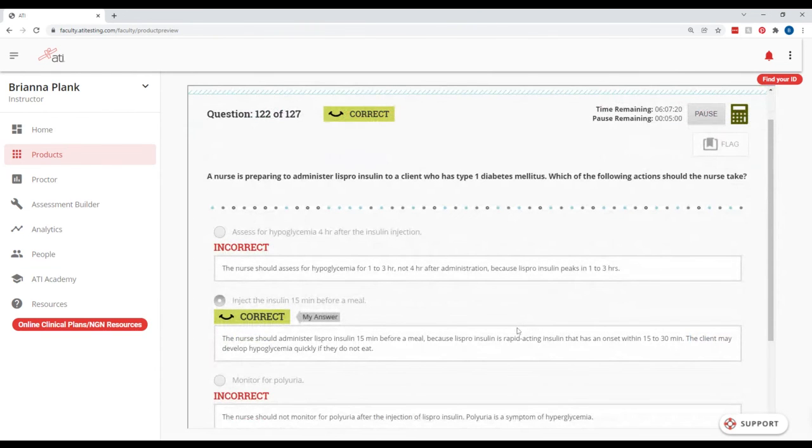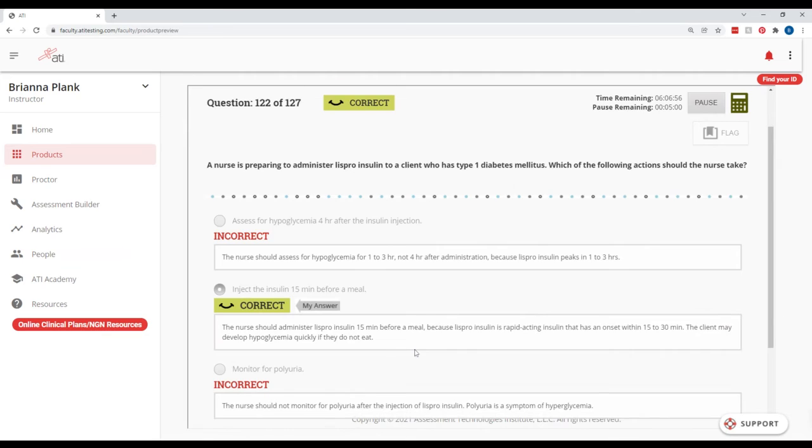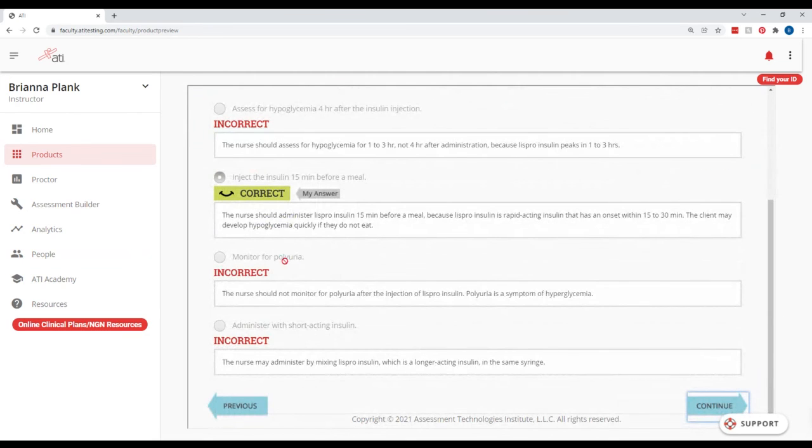I swear we chose 15 minutes on the other one and it told us 20 to 30 minutes. It's frustrating. We chose 10. Okay. 15 minutes makes sense. Oh, okay. Maybe so. So 15 minutes before the meal.